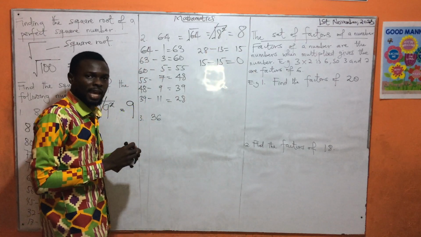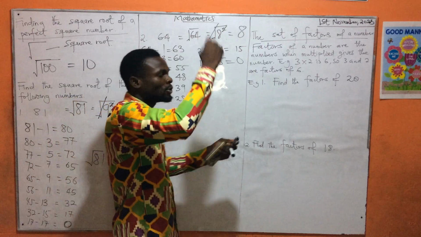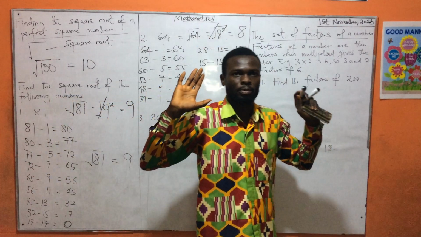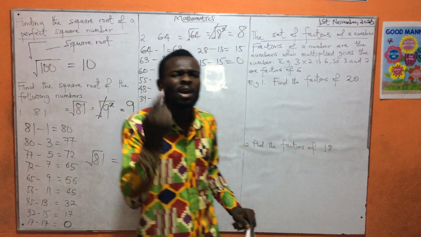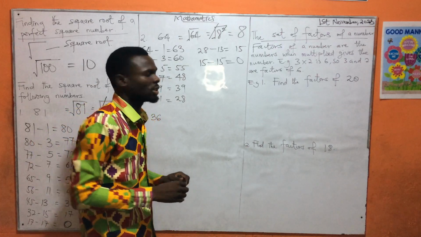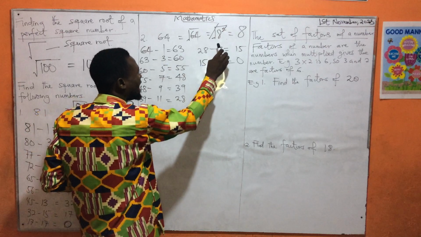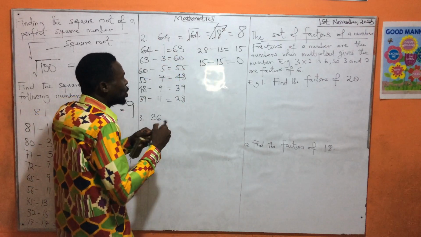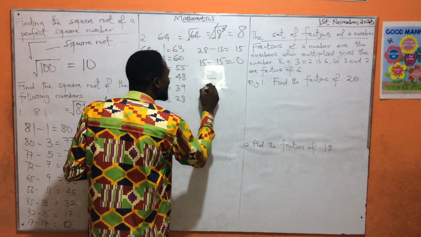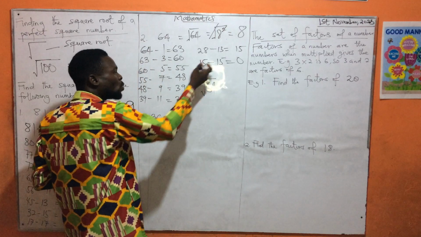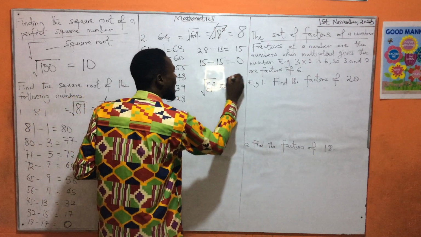That gives me 0. So anytime I subtract the odd numbers and I hit 0, I stop. Then I count the number of times I did the subtraction. I subtracted 1, 2, 3, 4, 5, 6, 7, 8. 8 times. So with the repeated subtraction method, the square root of 64 gives us 8.